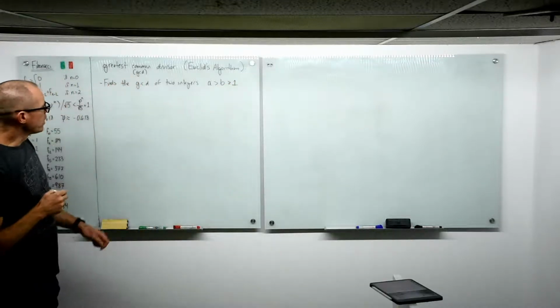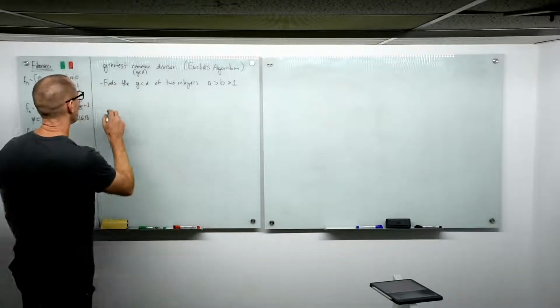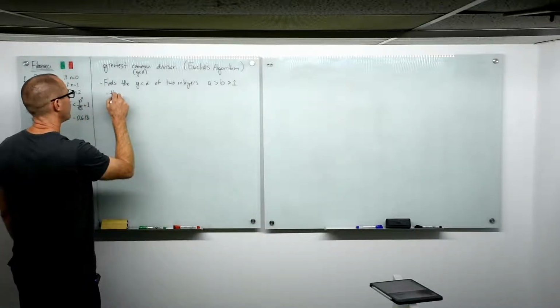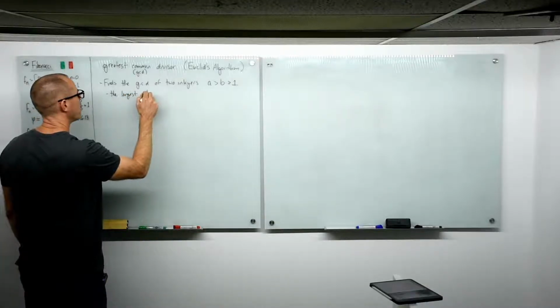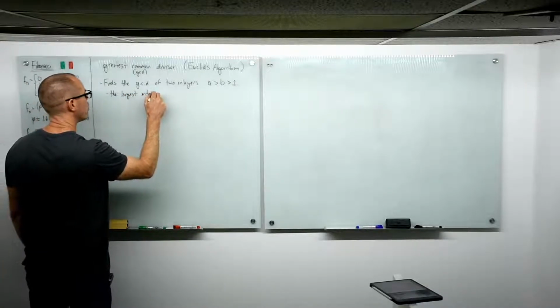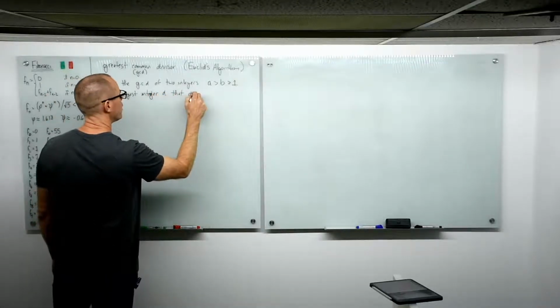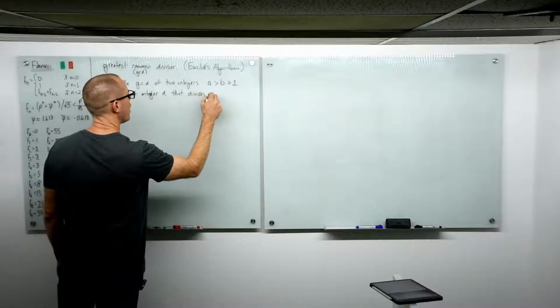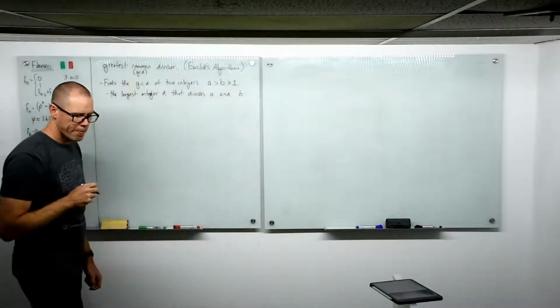This is the largest integer D that divides A and also divides B.